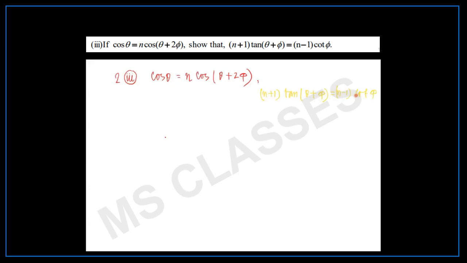So in the question only, they have given us the clue how to proceed in the sum. Here we understand that n plus 1 and n minus 1 are present. That is the concept of componendo and dividendo.